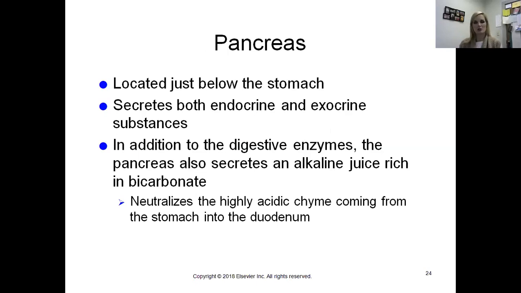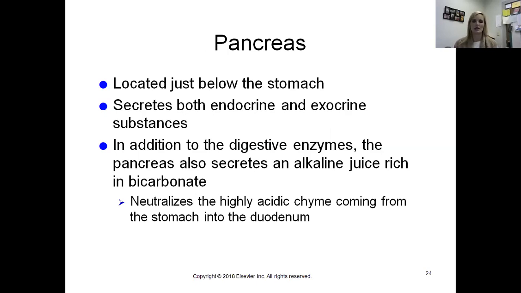Again, remember, it is going to be involved in both our endocrine and exocrine functions. The endocrine system we talked about in chapter 14, where we talked about the pancreas's creation of insulin and glucagon. Here, simply just know that the pancreas creates pancreatic enzymes.